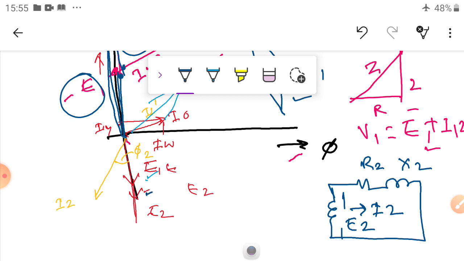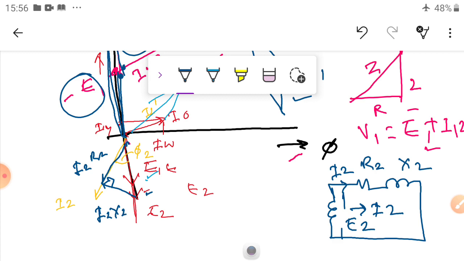Now I2 R2: the current here is the I2 current, and I2 R2 is in phase with the direction of I2. So here I write the current I2 R2 in phase with the current. Now this is perpendicular, 90 degrees. Here you can write I2 X2.